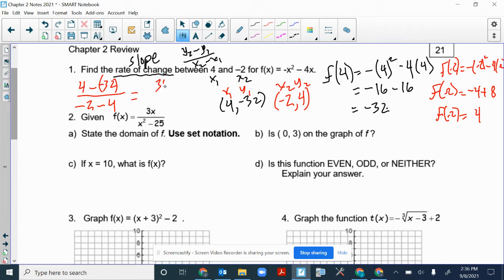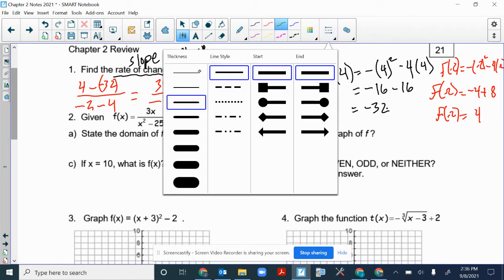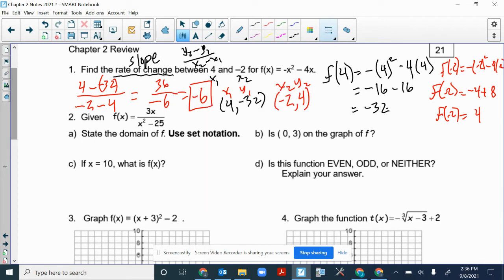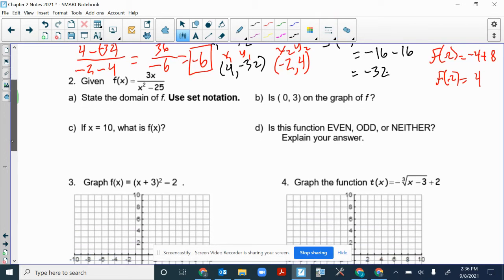We get 36 in the numerator and negative 6 in the denominator, which means we get negative 6 as our average rate of change. And that's it for this problem: substitute in, get your y values, do the slope formula.